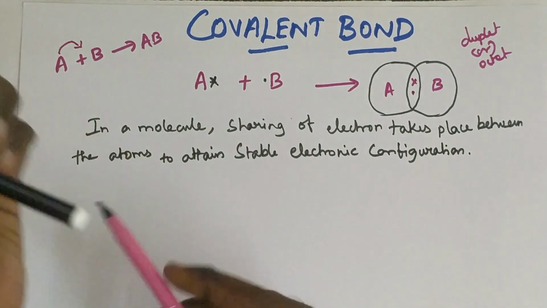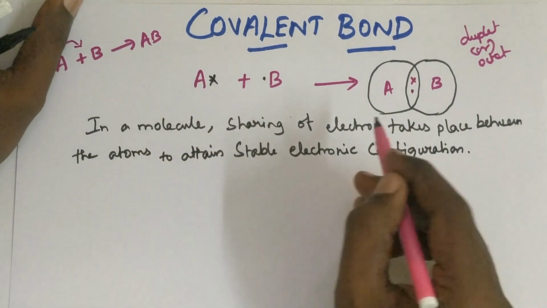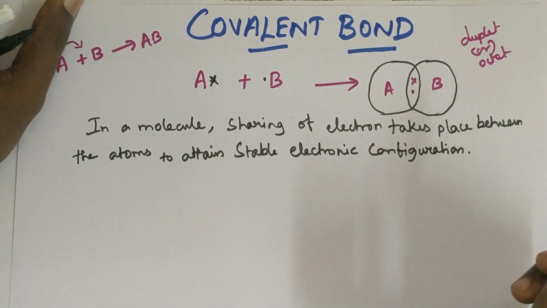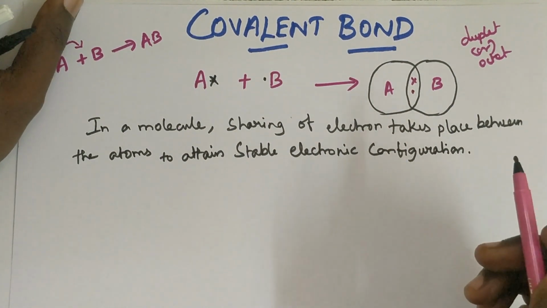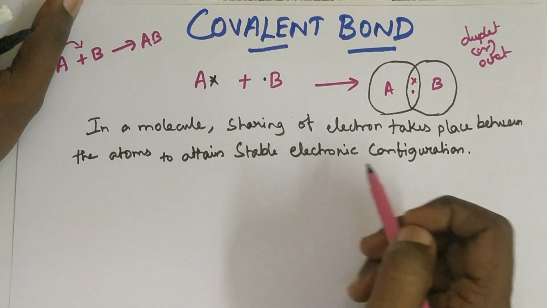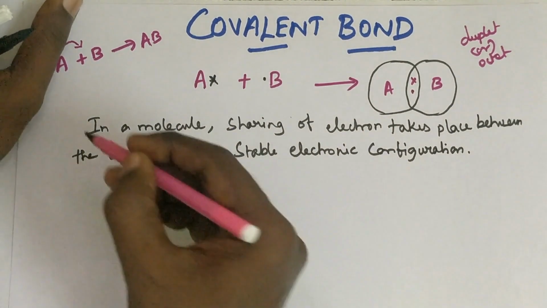So covalent bond is defined as: in any molecule, sharing of electrons takes place between two atoms to attain stable electronic configuration.